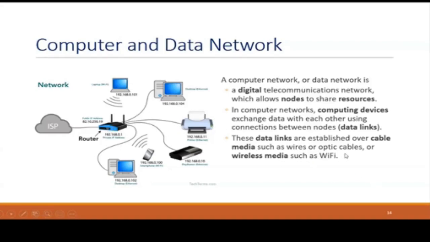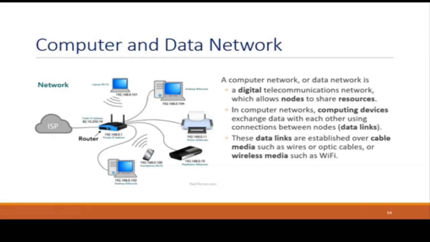These data links, students, are established over cable media like wires or fiber optic cables, or mostly wireless media. So what you need to understand is that in a computer network, we have nodes and data links, and these data links can be either wired or wireless.